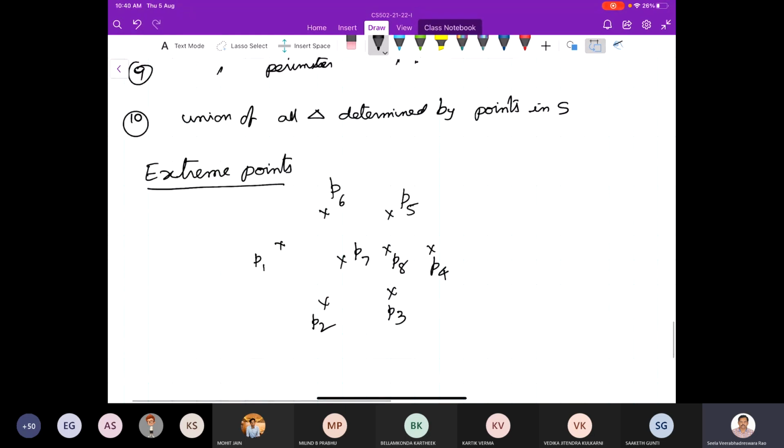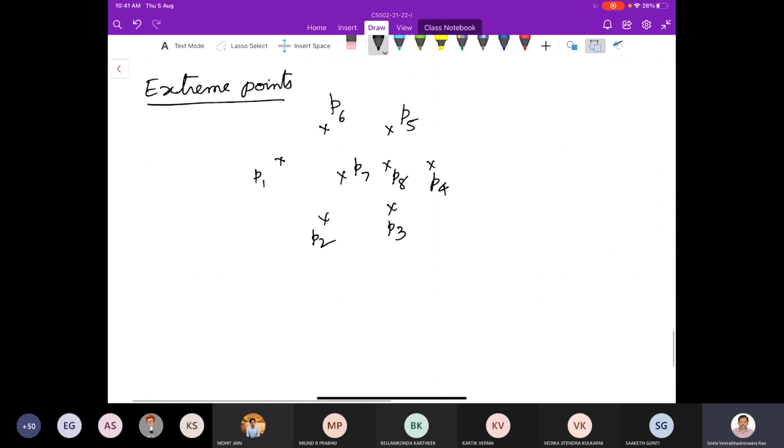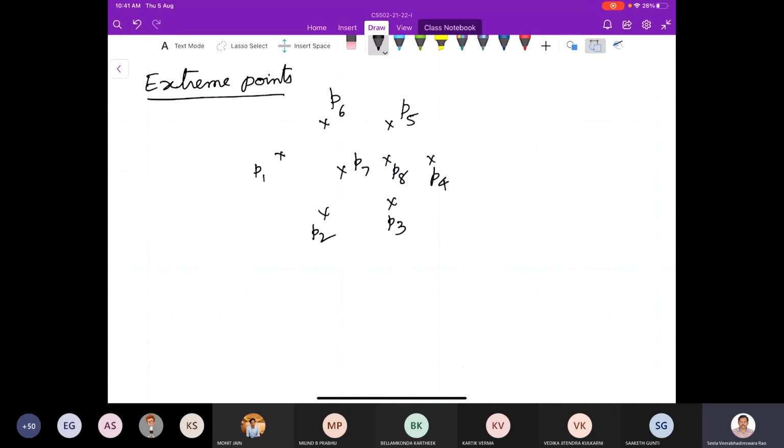If you look at the previous definition, the union of all the triangles determined by these points is the convex polygon of these points. If you take a non-extreme point here, this will be part of some triangle. For example, if you take P2, P3, P6, P7 is inside this triangle. So you can eliminate P7 if it is included within some triangle.